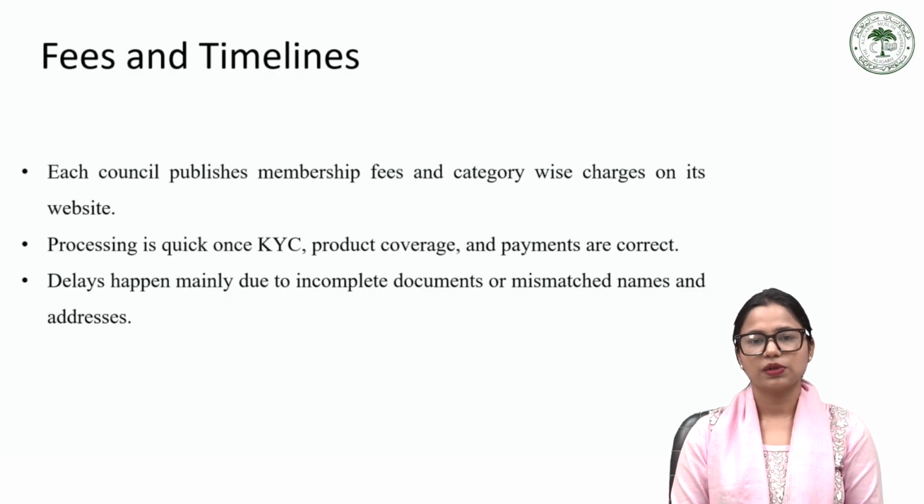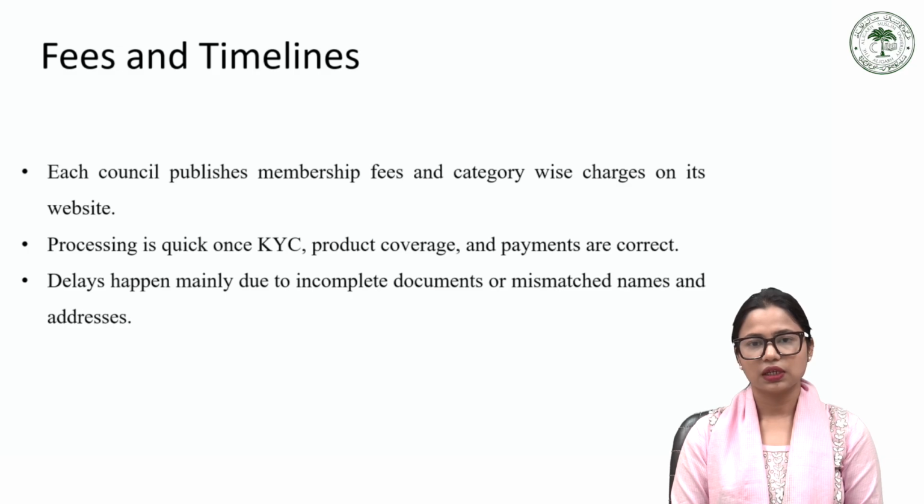Each council publishes membership fees and category-wise charges on its website. In order to get information on the application fees and sector-specific fees, every promotion council has it mentioned on their particular website. Processing is easy and quick once KYC, product coverage, and payments are correct.